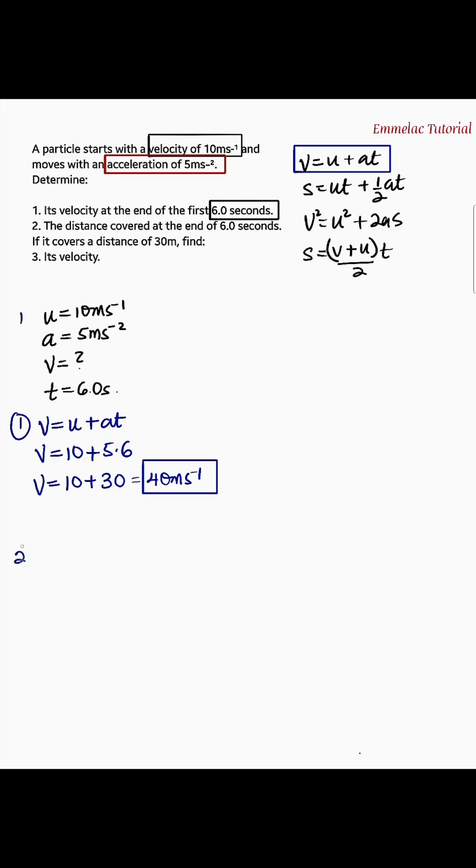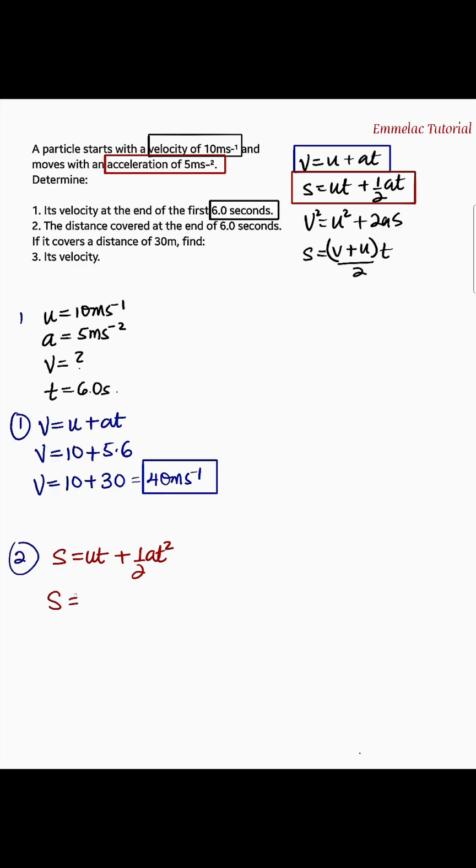Then number 2, the distance traveled at the end of 6.0 seconds. For the distance, we'll make use of this equation, because we have all the parameters in it. So here you have s equals ut plus 1/2 at squared.